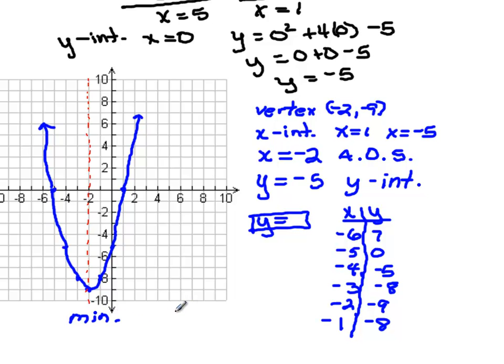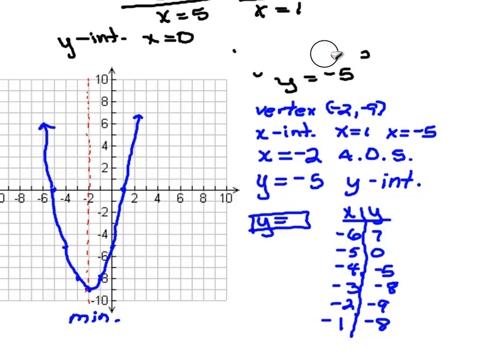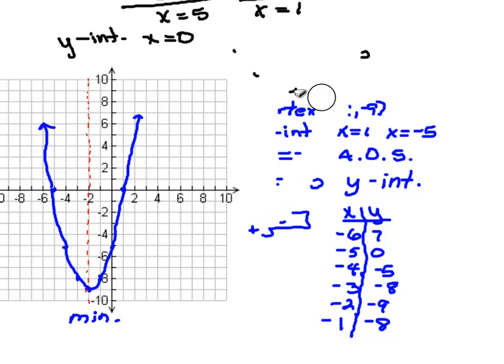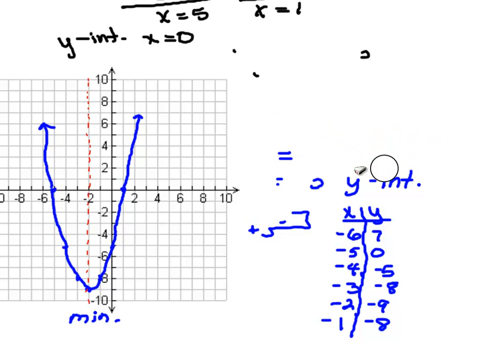Some of the other questions that will get asked about quadratic functions include domain and range. And to keep from losing my graph here, I'm going to erase all this information over here. You can always rewind and watch it again if you need it back. But the domain of any quadratic function is always all real numbers.